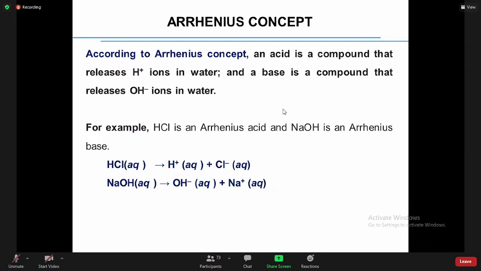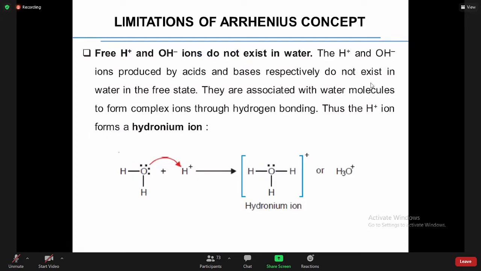So it has some limitations. From the conditions in the definitions, you can understand the limitations of this theory.